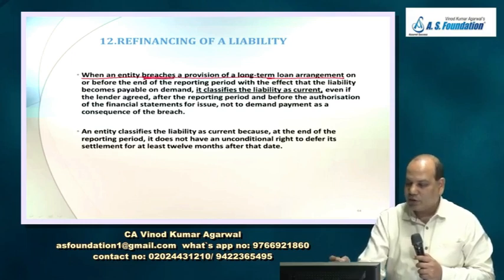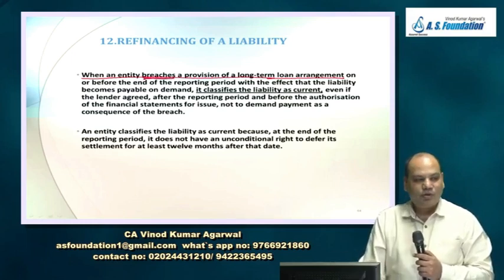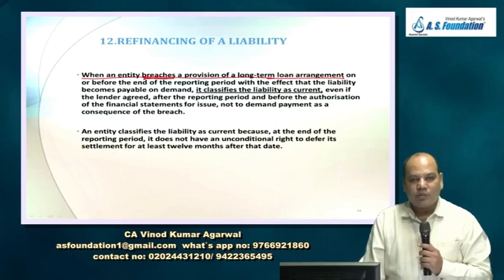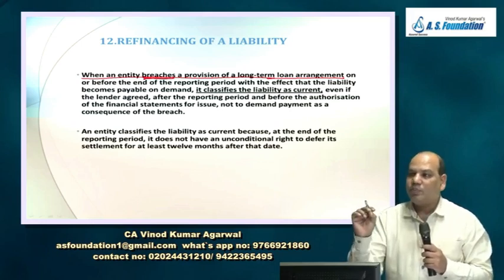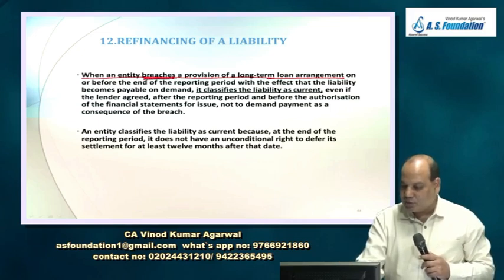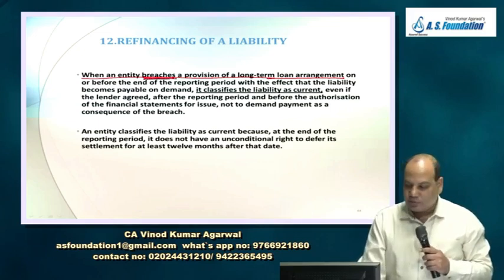Suppose it has not filed the stock report, not filed the debtors report, and the loan agreement says in case you don't comply with the loan agreement, then the loan will become repayable on demand. Is it right? If you do not comply with the conditions given in the loan agreement, the loan will become payable on demand. Now there is an entity which breaches the provision of the loan agreement.